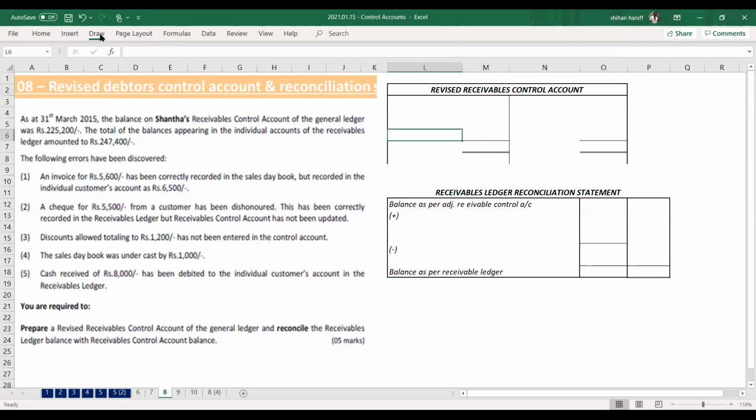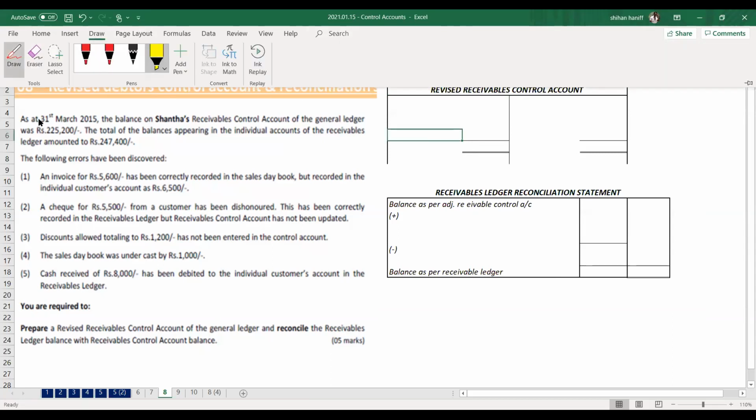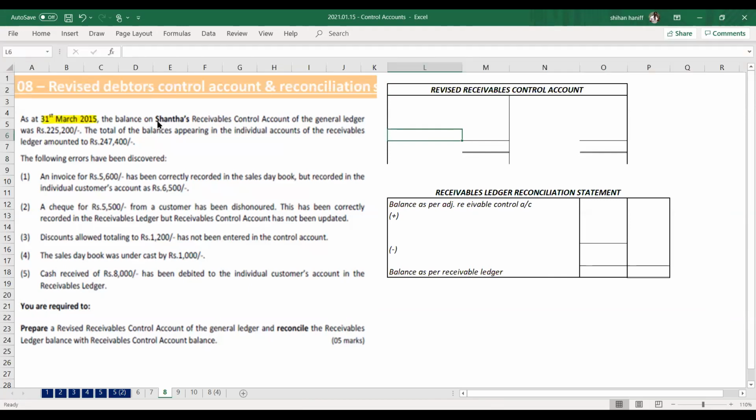I'll read the question. As at 31st March 2015, the balance on Shanta's receivable control account of the ledger control account balance is 225,200. The total balance appearing in the individual accounts is 247,400.